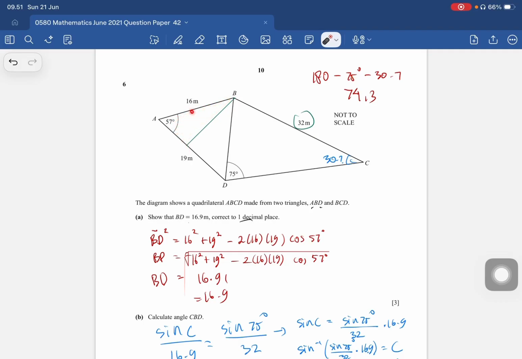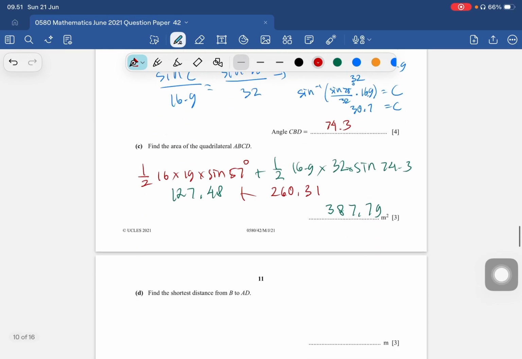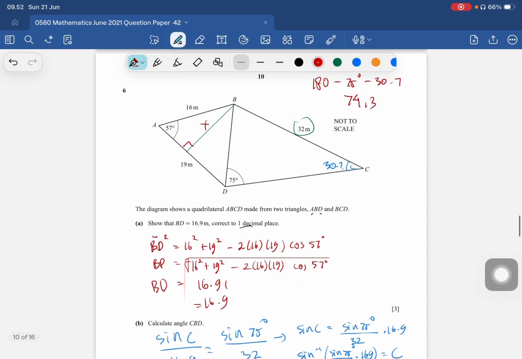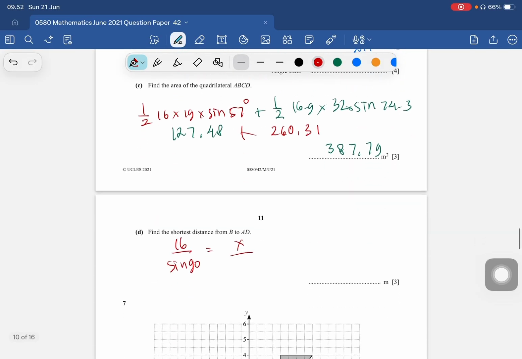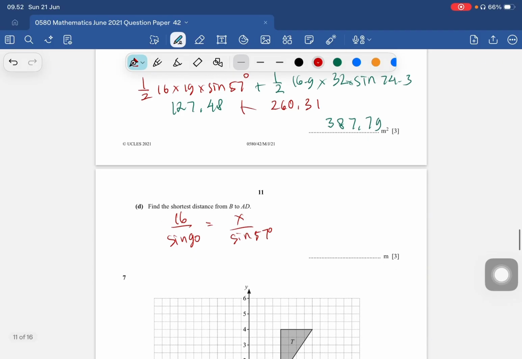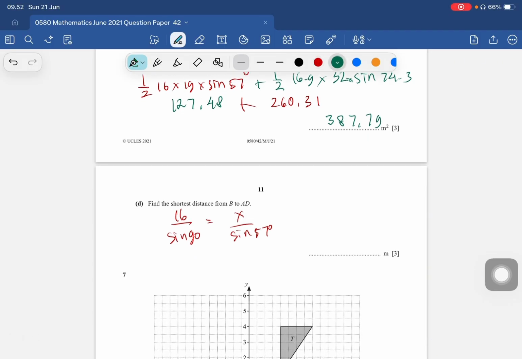Here it is. Here, we will make it the right angle. And let's make this X. Here is the right angle. So we got 16 over sin of 90 degree equal to X over sin 57. Sin of 90 degree equals 1.